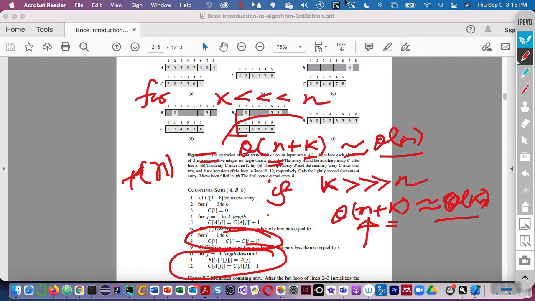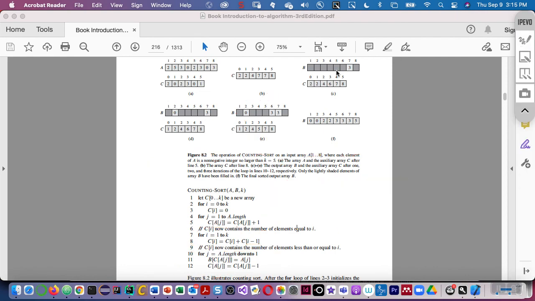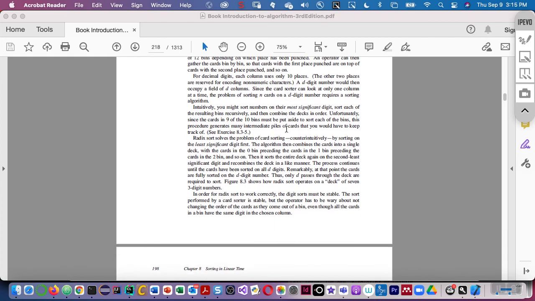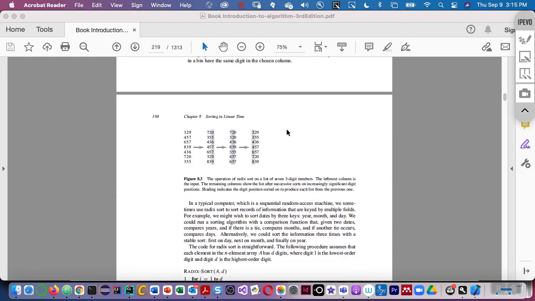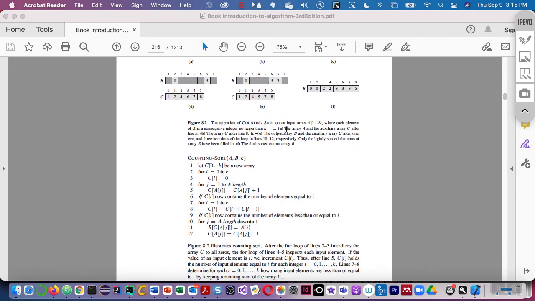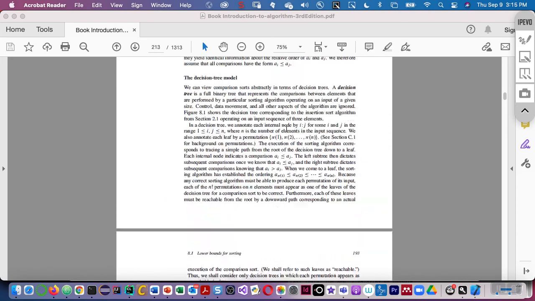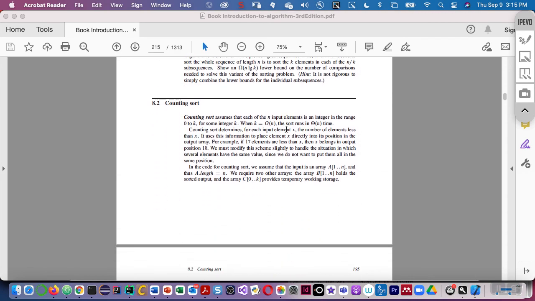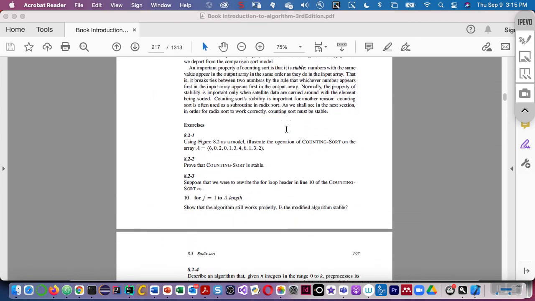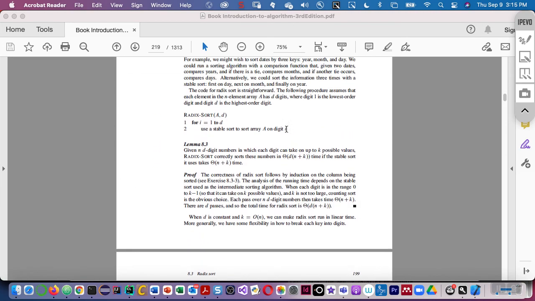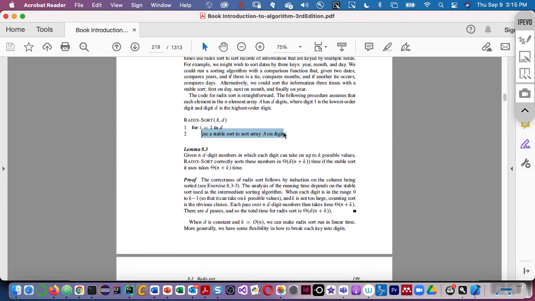Now if you understand this, then we will apply it to the other two algorithms we discussed in our last lecture. In the radix sort algorithm, we use a stable sort algorithm.